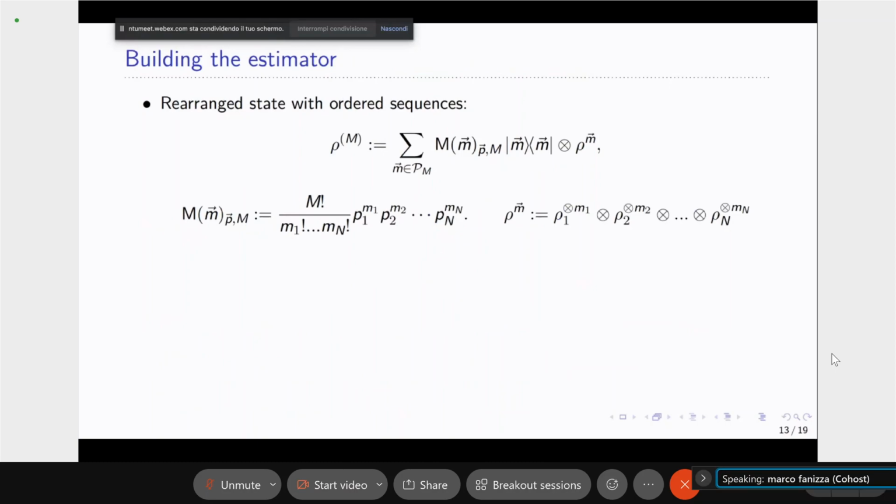So how do we build our estimator? Okay, so we care only about the number of copies each state appears.